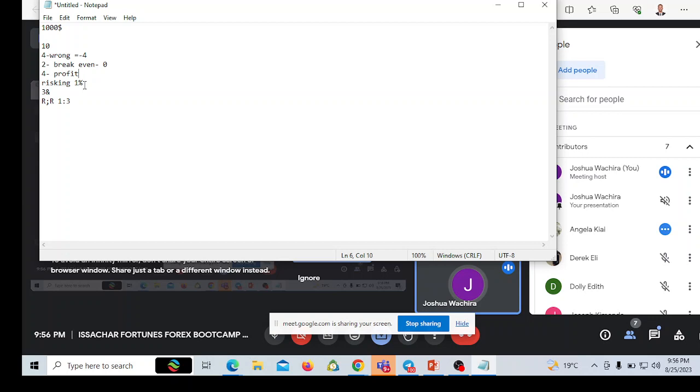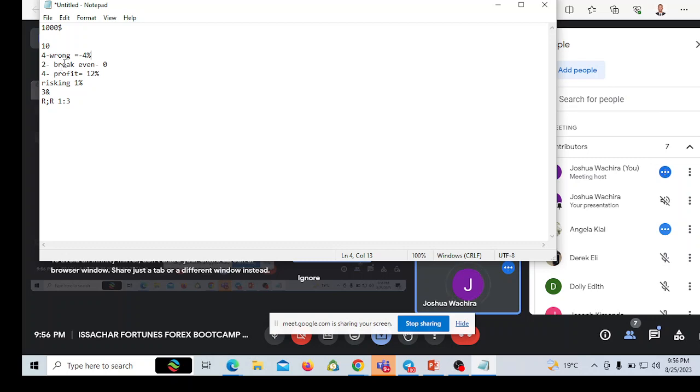So the total will give us 12%. Mind you, we have just been profitable 40% of the time. For the break even, we were not right, it's just that we didn't make a loss.